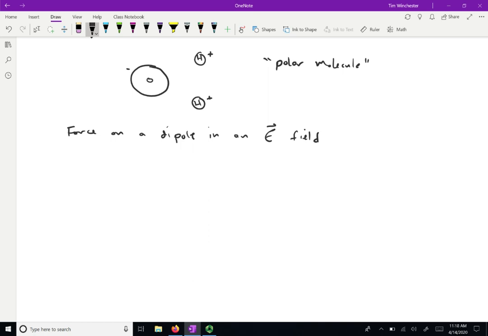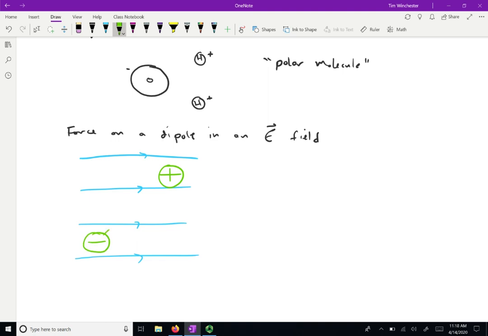Just to make this simple, I'm going to have a constant electric field. Electric field lines going to the right, like so. And I'm going to represent the dipole in a different color. So let's say I have the positive charge over here and the negative charge over here, and then there's some distance apart, d.